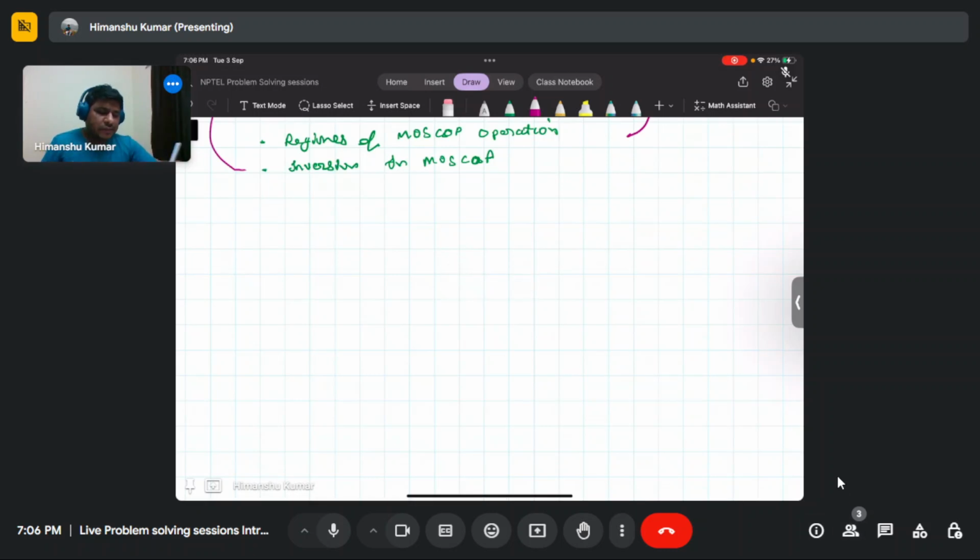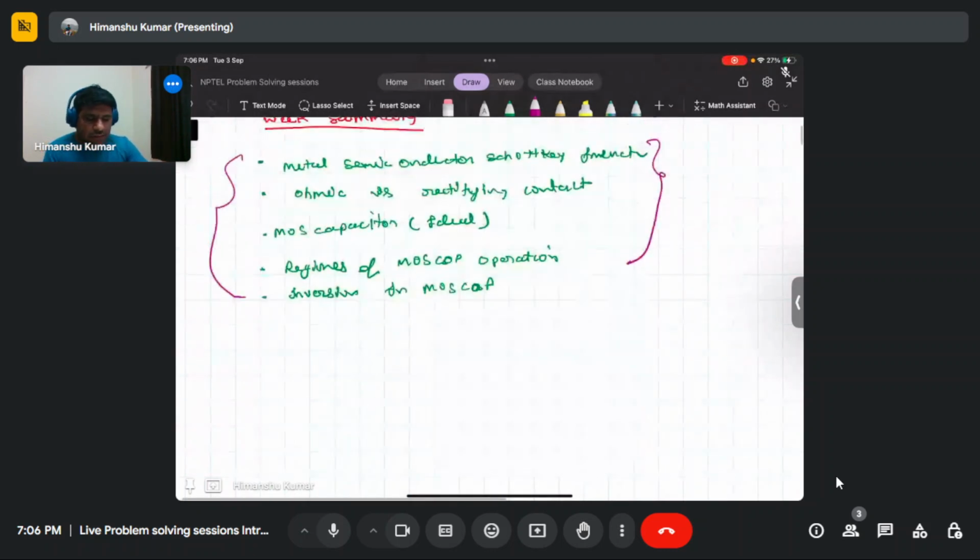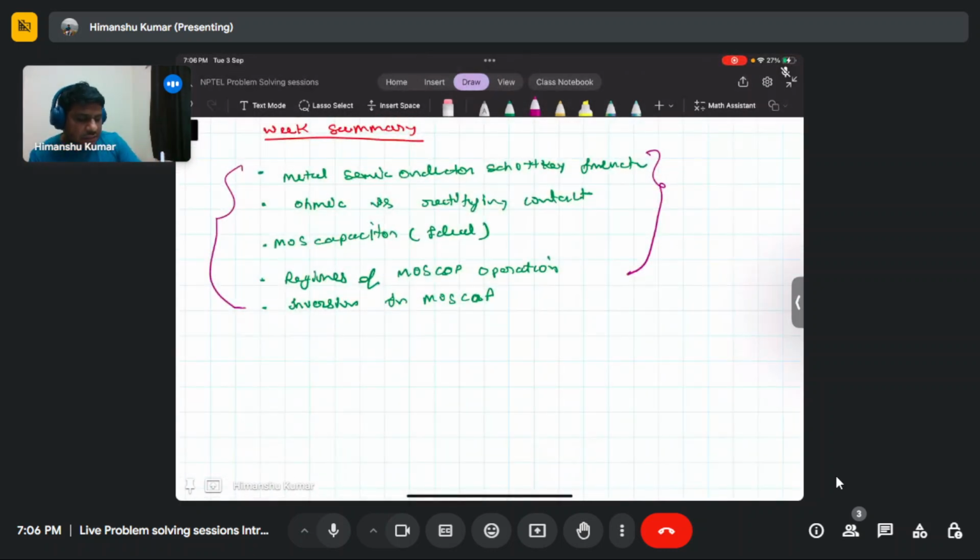This week's content basically discusses the metal semiconductor junctions, and the other topic was the MOS capacitors and different regions of operation of the MOS capacitor.